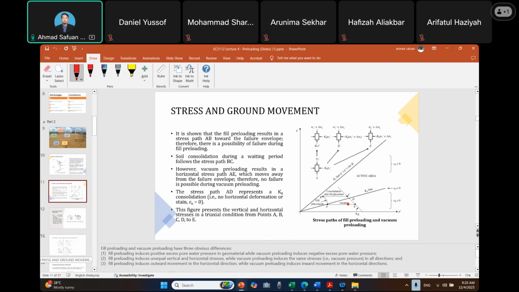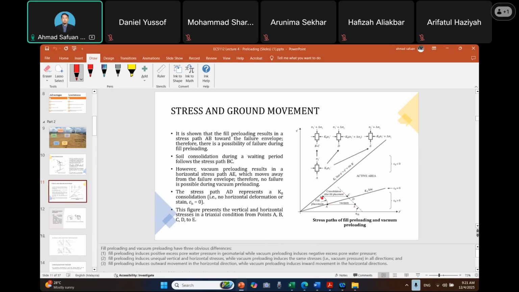The stress path AD represents K naught consolidation, where no horizontal deformation happens along this K naught line. This means that during the preloading process, there will definitely be vertical movement and also outward horizontal movement at the side.